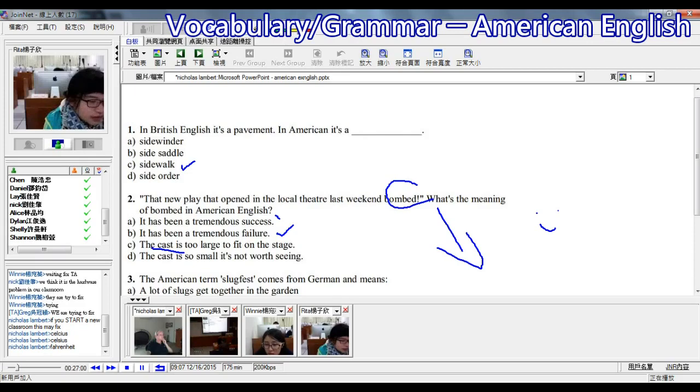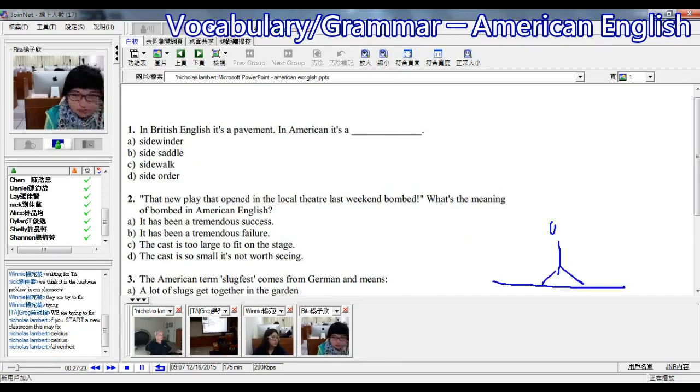A group of actors and actresses. That's right. And what's the stage? The place where people can perform. Perform. That's right. So they're on stage performing.